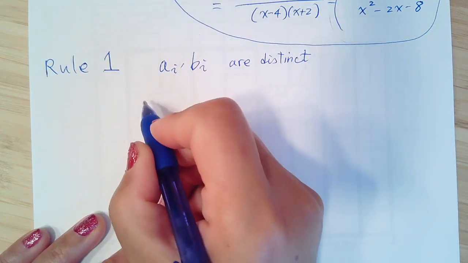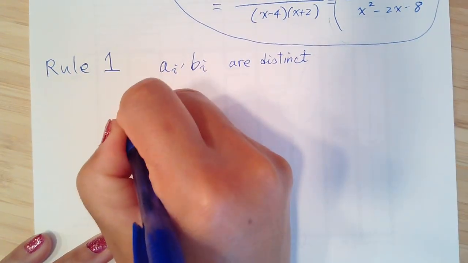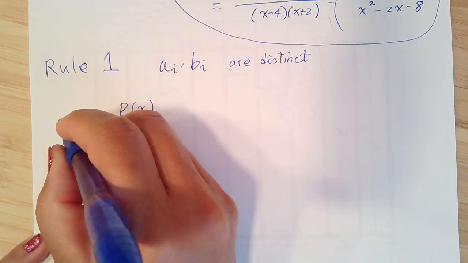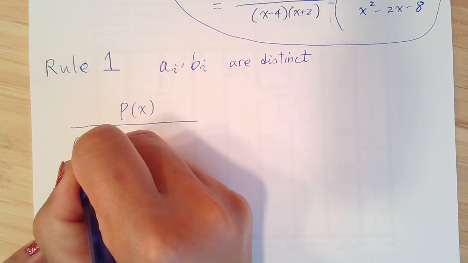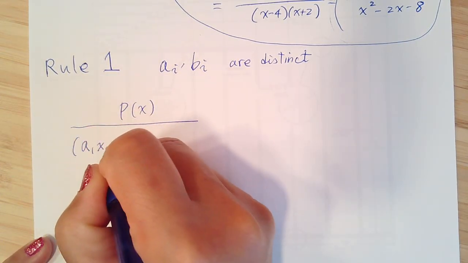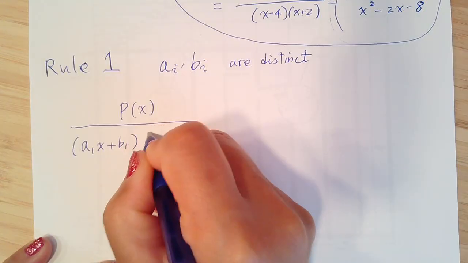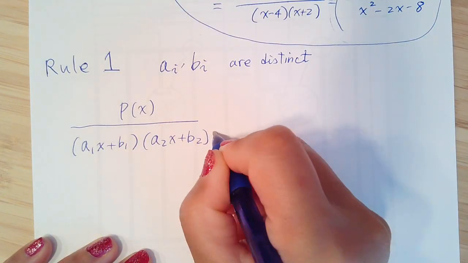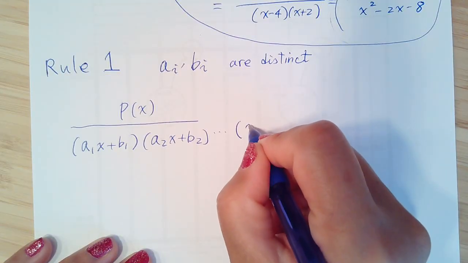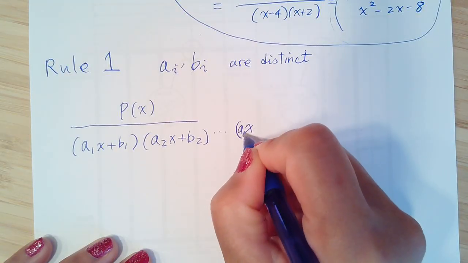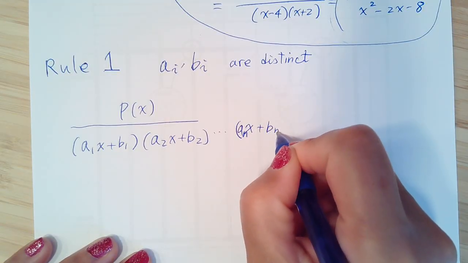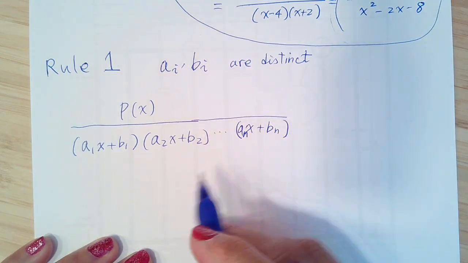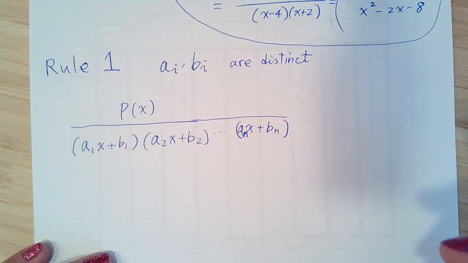Distinct. Okay, so watch. I have P of x on top, and in the denominator I have a1x plus b1, a2x plus b2, and then multiplied by the last one, anx plus bn. So at the bottom I have several linear terms multiplied together, and the top is P of x.